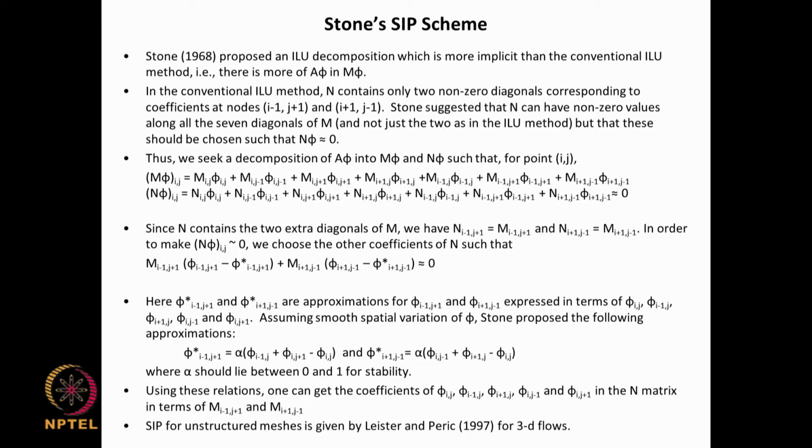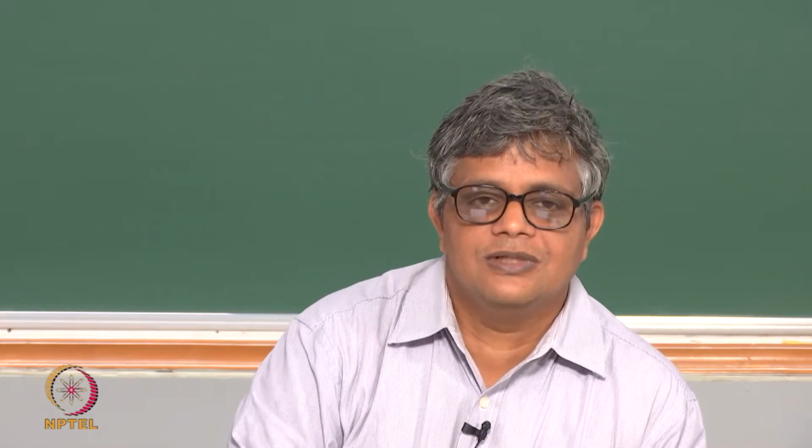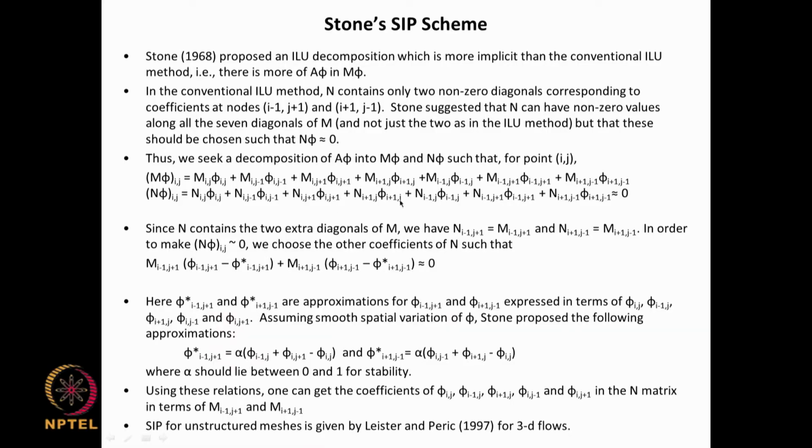But Stone proposed that N should have not just 2, but it should have all the 7 non-zero diagonals of M, and we should take the additional diagonals that we are introducing, okay, in such a way that they all cancel out. Okay. So we have the additional diagonals of i minus 1 j plus 1 and i plus 1 j minus 1.